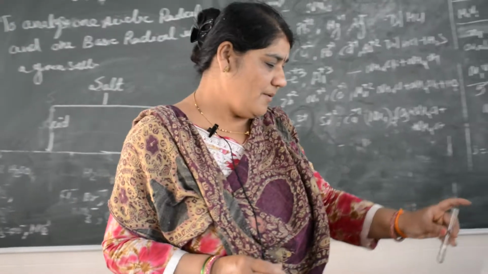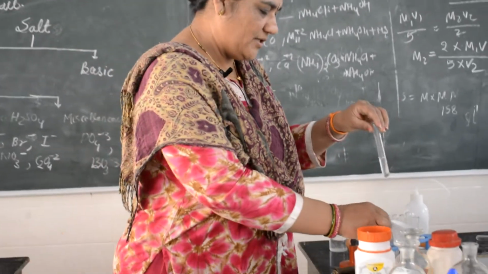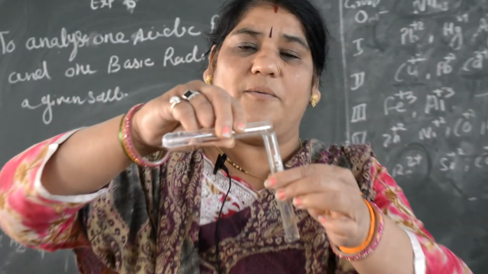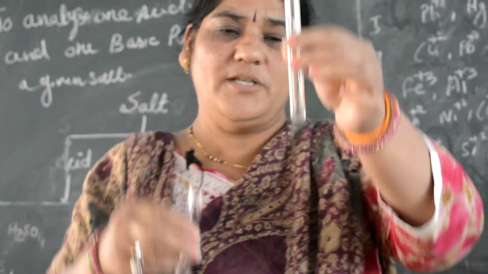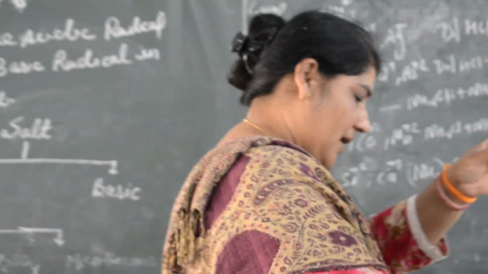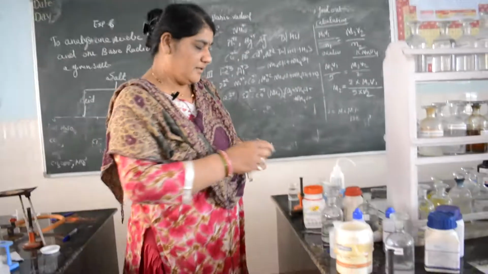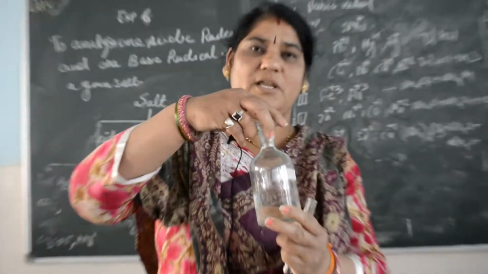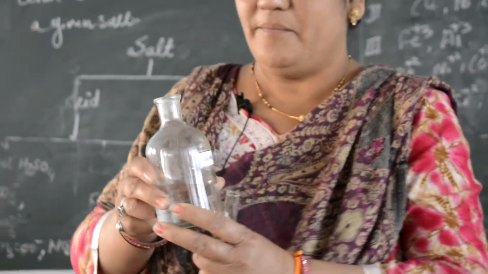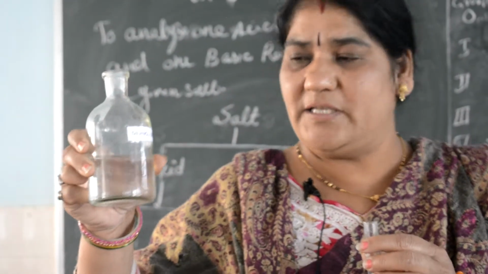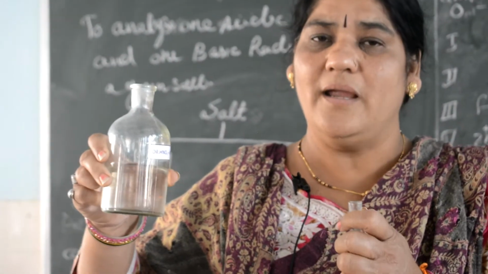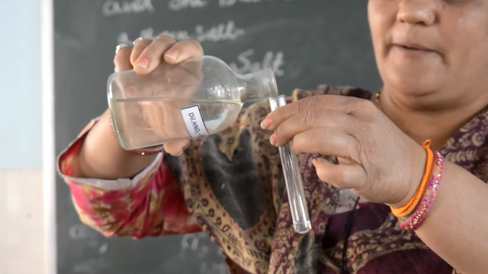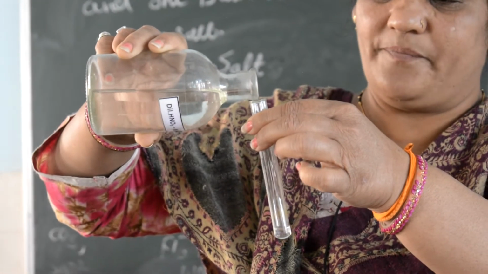Now in the third group, again this is the original solution which I have prepared. Take a small quantity of this original solution and add concentrated HNO3, that is nitric acid, or 50% diluted HNO3, in a few drops.